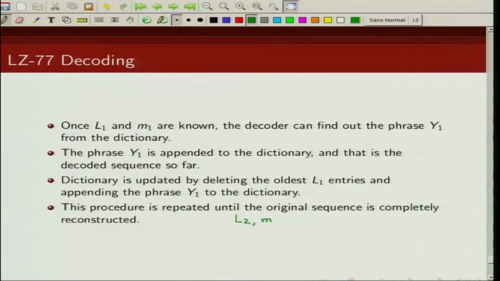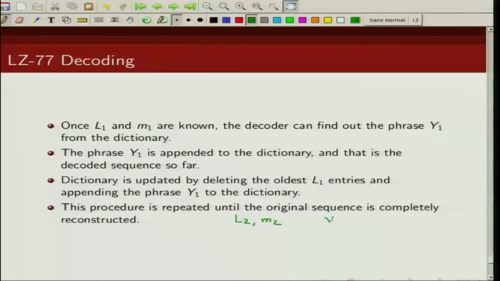I'll again repeat this process to find out what my L2 and M2 are. Once I find out L2 and M2, I'm going to find the string Y2 of length L2 from my new dictionary, add this string Y2 to my dictionary and remove the oldest L2 entries. Now that will be my new dictionary.